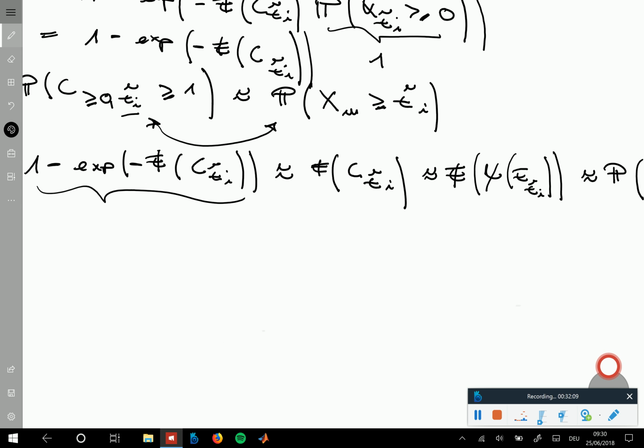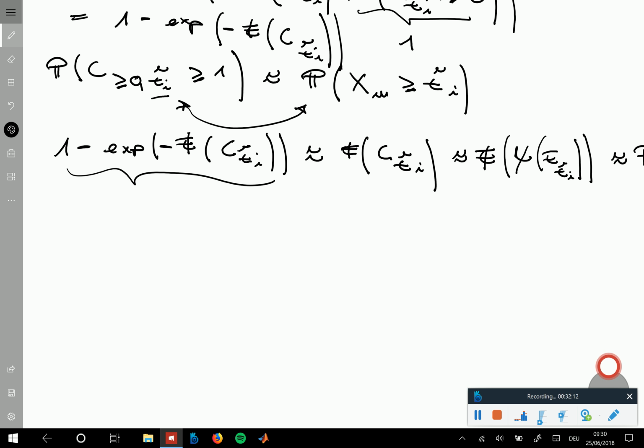So the whole magic is actually in this approximation here.